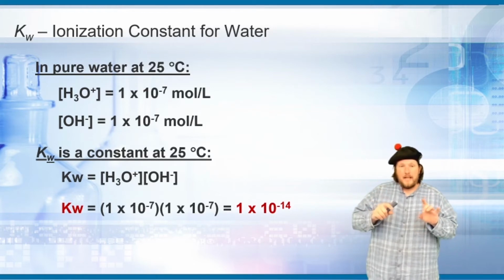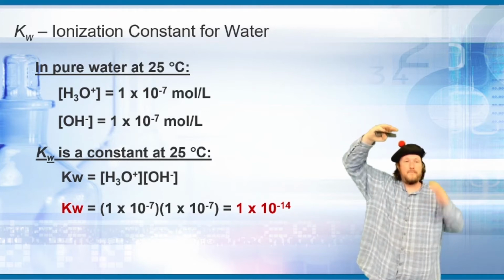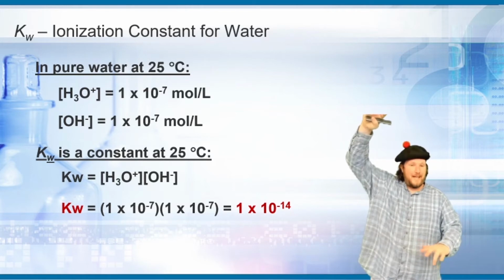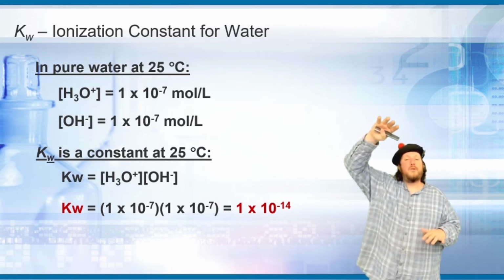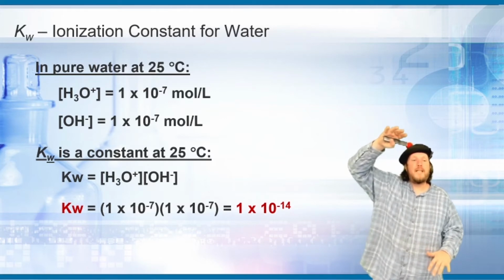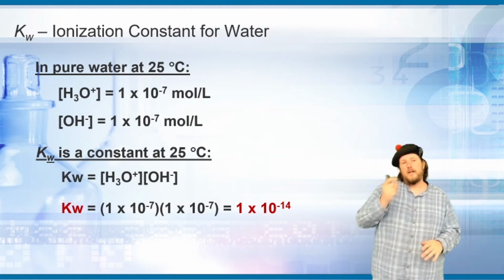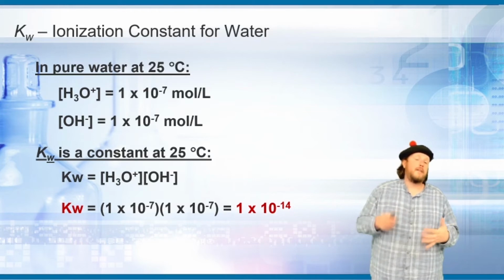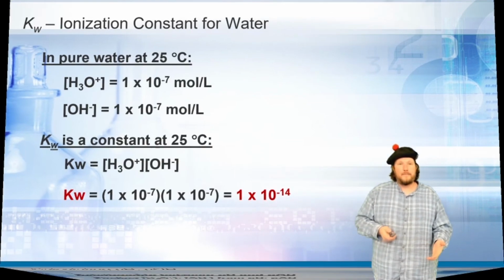But if the OH- hydroxide ion concentration goes up, the hydronium ion concentration will go down in an equivalent and opposite way to maintain Kw equaling 1 times 10 to the negative 14th. And this is the beautiful thing about an equilibrium: the equilibrium constant is always the same, even if the other values change. So if you know one, you can always calculate the other.